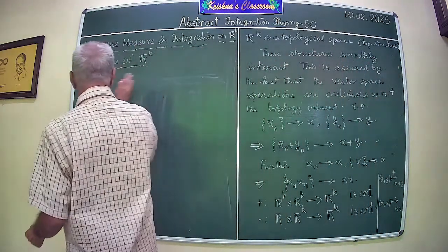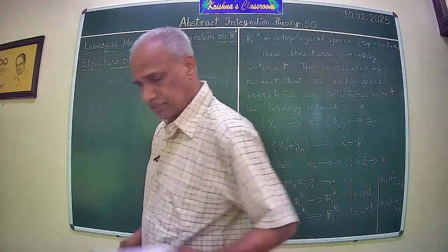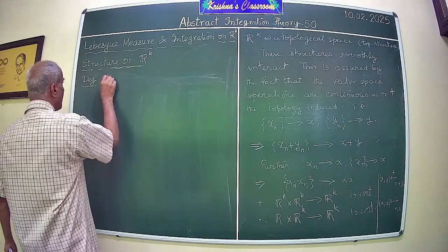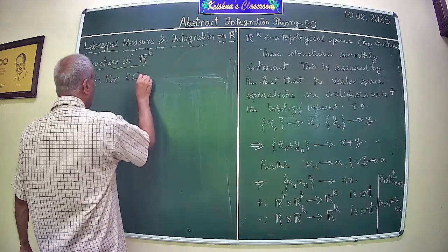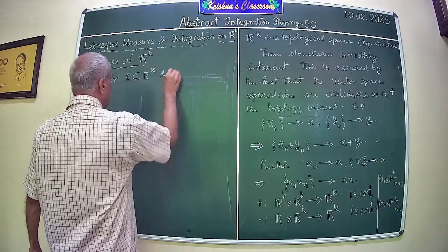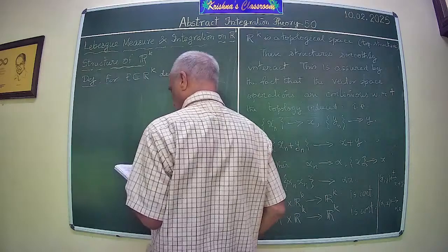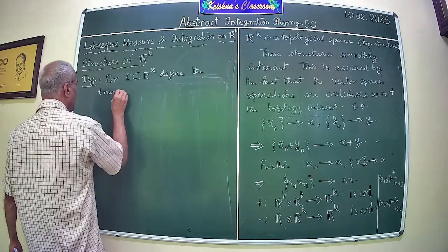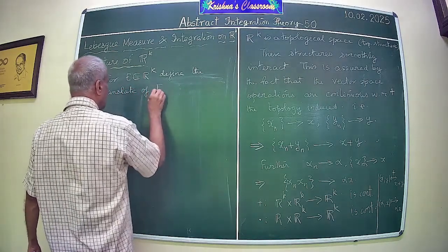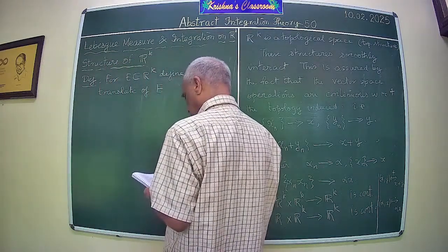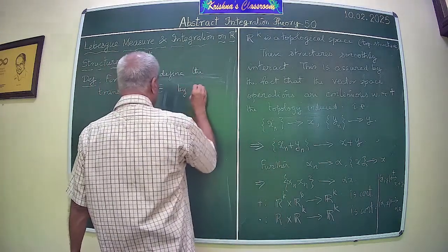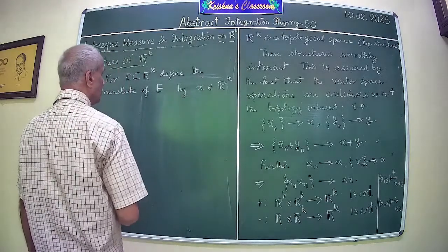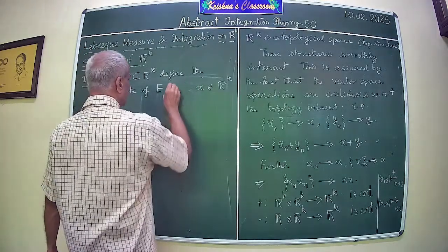So on Rk, we define the translate. Definition: we define the translate of E by x belonging to Rk as follows.